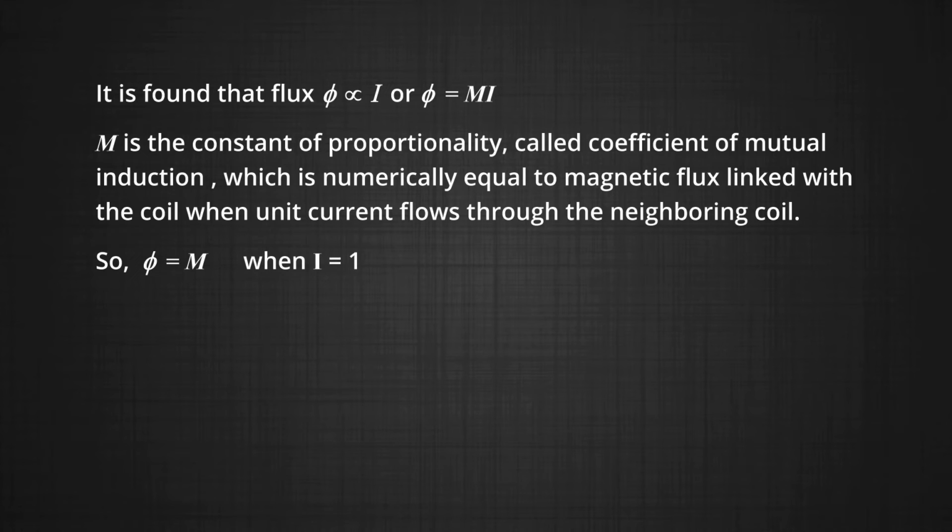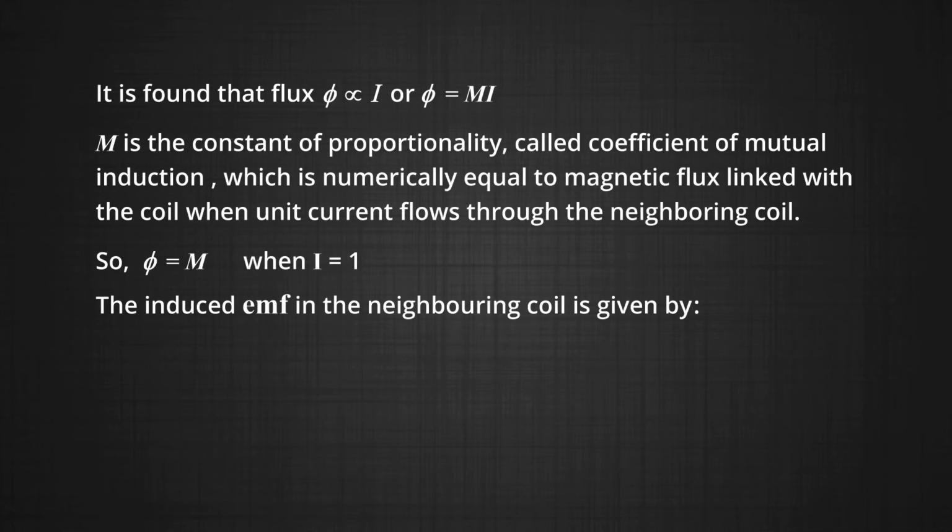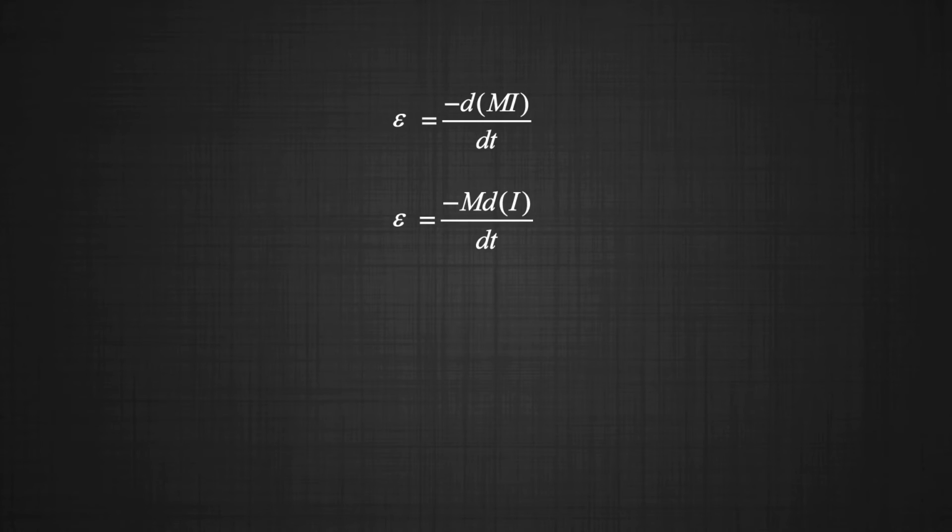So, phi is equal to M when I is equal to 1. The induced EMF in the neighboring coil is given by E is equal to minus d phi by dt, which will be equal to minus d over dt of M into I, equal to minus M di by dt. If di by dt is equal to 1, then E is equal to minus M.